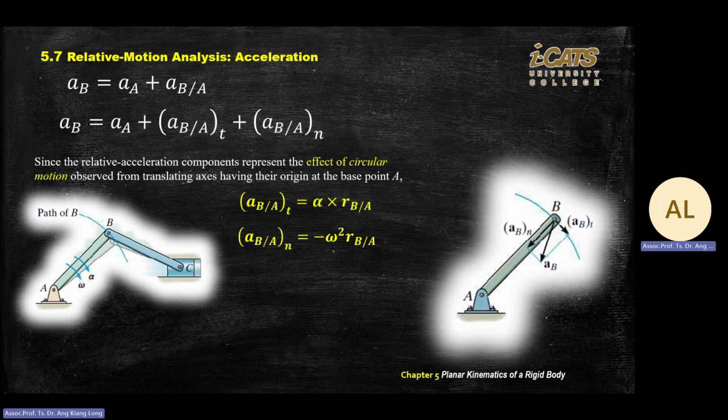There are two formulas. The normal one, pointing inside, uses the omega term: AN equals omega square R. For the tangent one, you take alpha cross R, so tangent acceleration equals alpha cross R, or alpha R. Don't confuse these two.